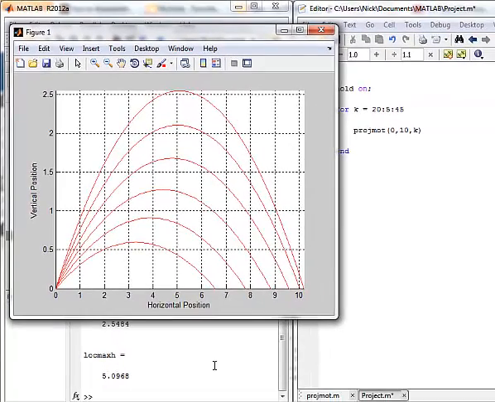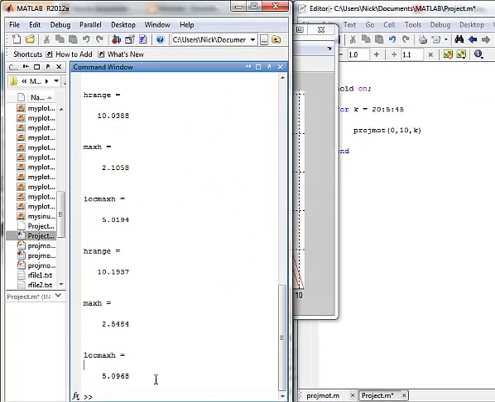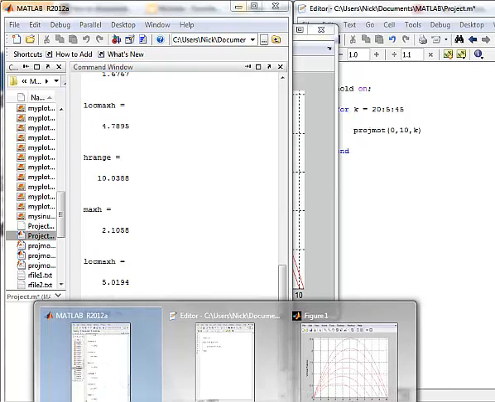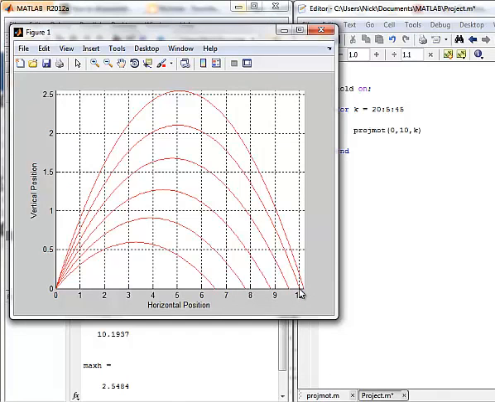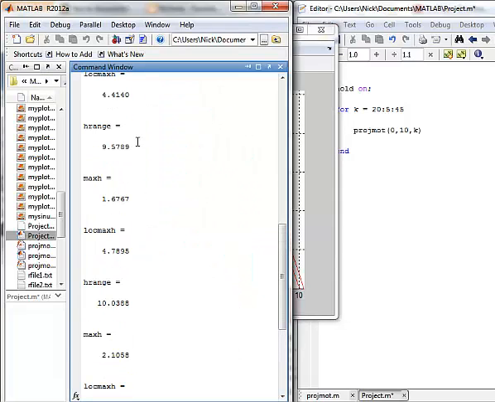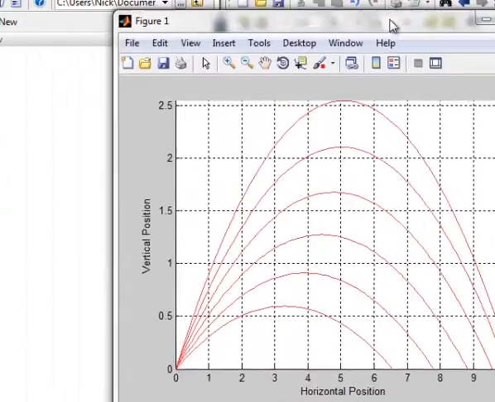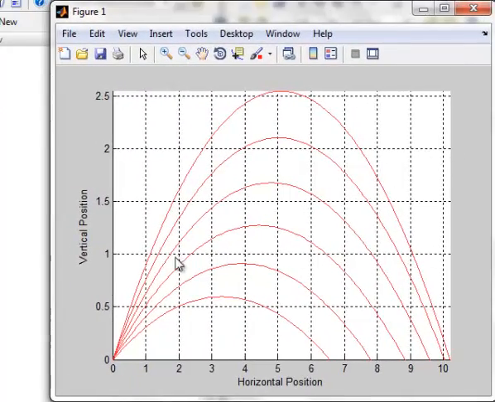So if we look here, the last one that was graphed has a horizontal range of 10.19, and if we go up here, the horizontal range is smaller, and you can see that difference. And then the horizontal range starts to decrease even faster. And the same can be said for the other properties of the graph, such as the maximum height.